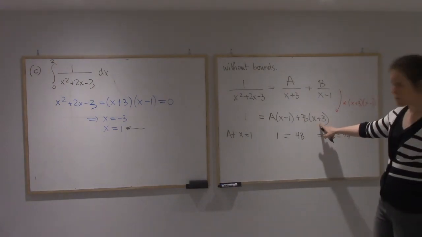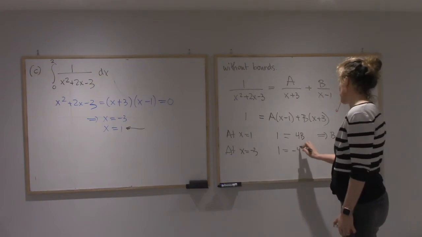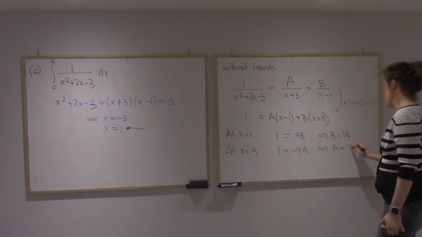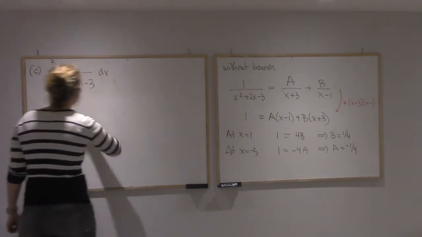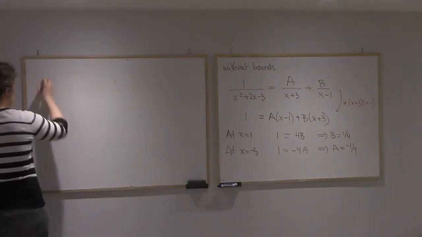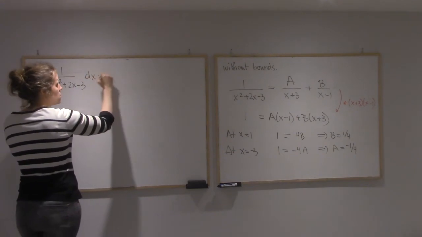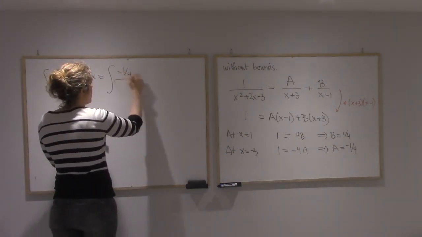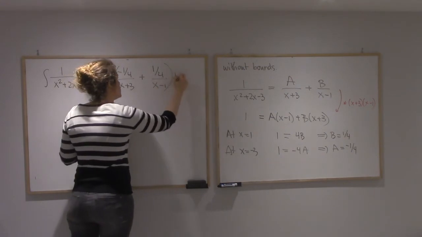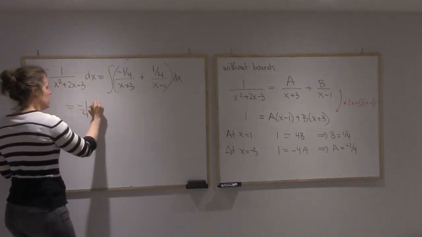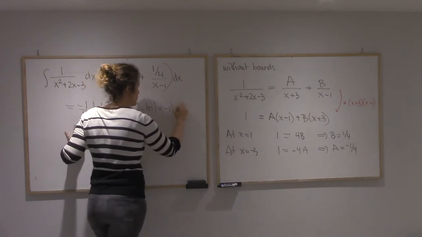And then I'm going to plug in minus 3 to get the value of a. I get minus 4a, so a is minus 1/4. So I get minus 1/4 over x plus 3 plus 1/4 over x minus 1 dx. I get minus 1/4 log of x plus 3 plus 1/4 log of x minus 1 plus c.